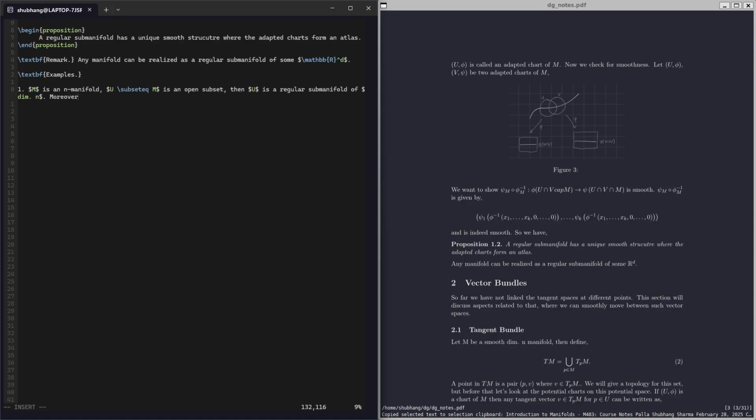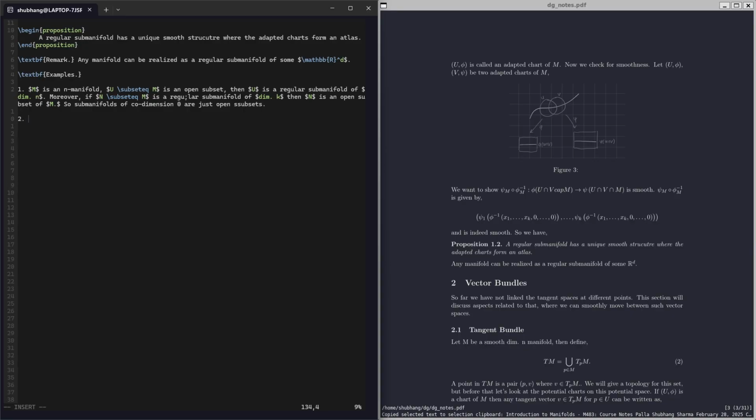Moreover, if N subset of M is a regular submanifold of dimension n, then N is essentially an open subset of M. So submanifolds of codimension 0 are just open subsets.